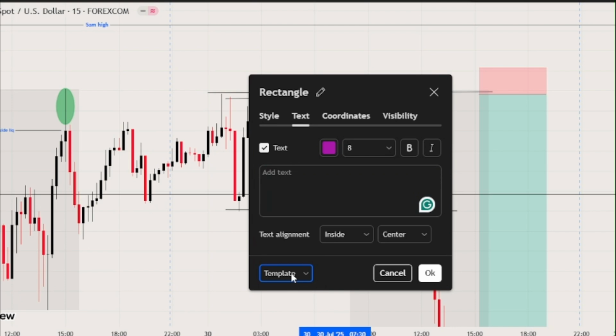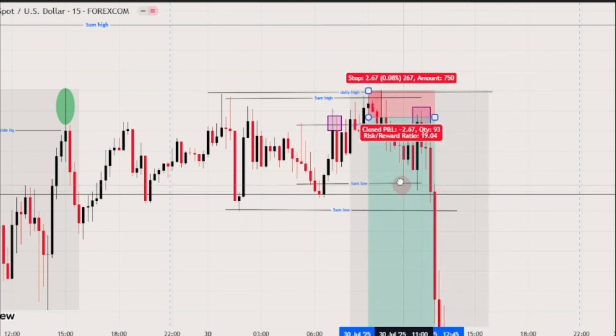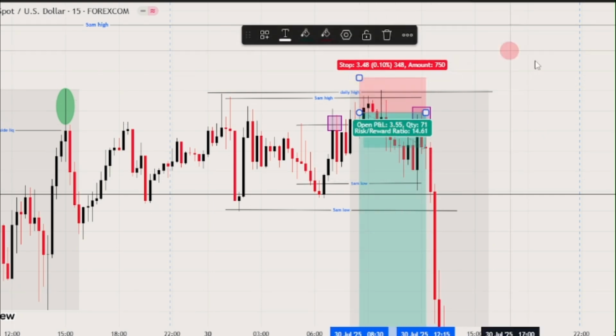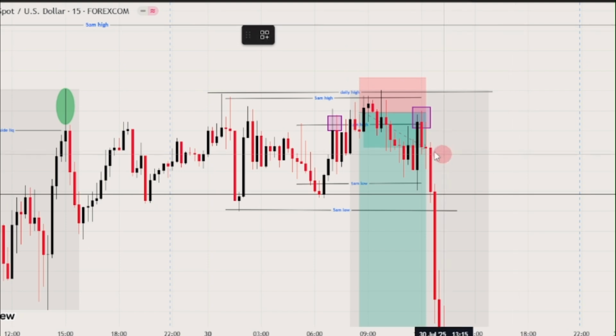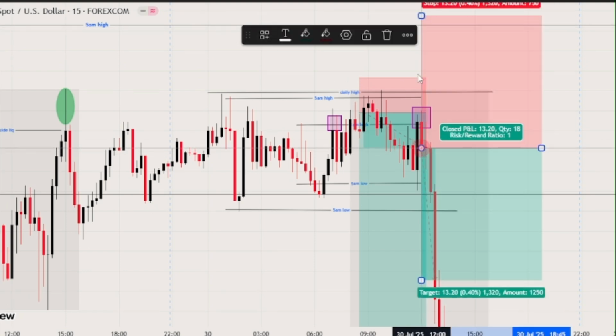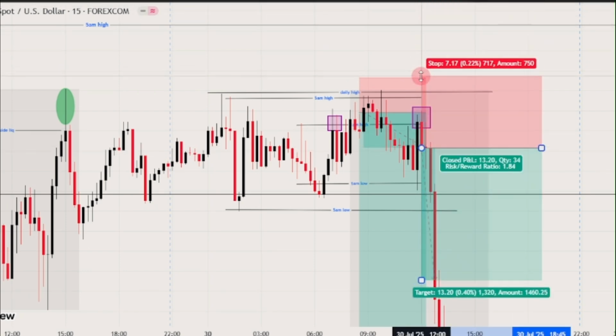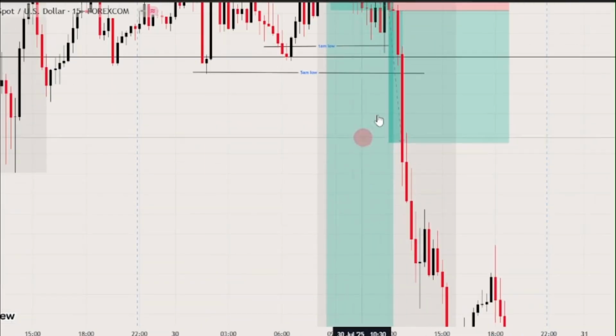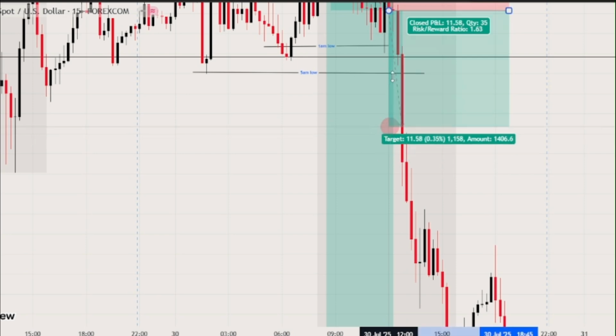So let me mark that I took another sell. This was the first sell trade right here. Stop loss was just above here. My second trade entry was here. Stop loss was also above at the top there, and you can see how price did straight drop to the downside. My TP was somewhere around here.